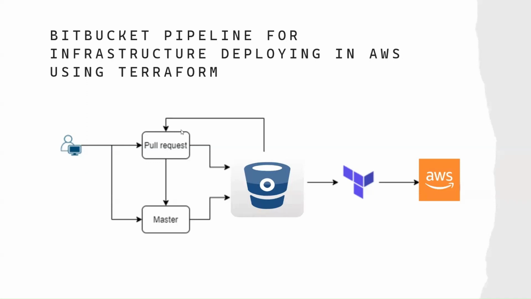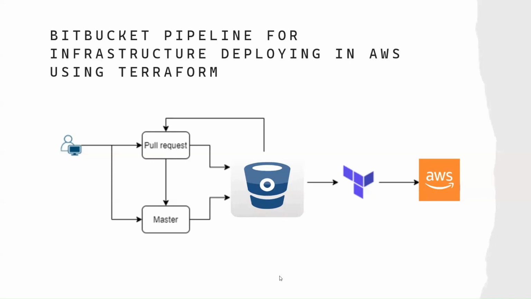These can be triggered by a pull request, or when someone pushes code into a particular branch. That can be achieved in a Bitbucket pipeline as well. We will see how to create a Bitbucket pipeline in this demo.